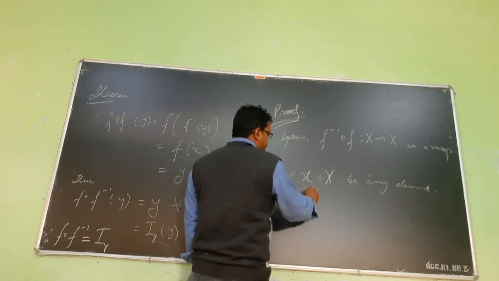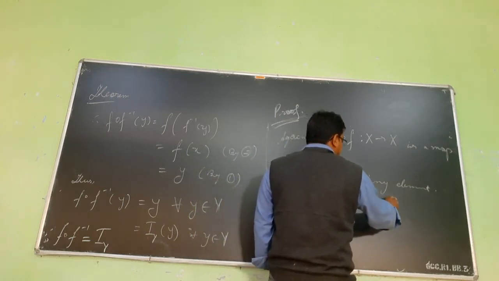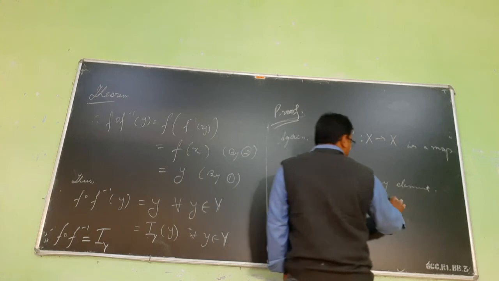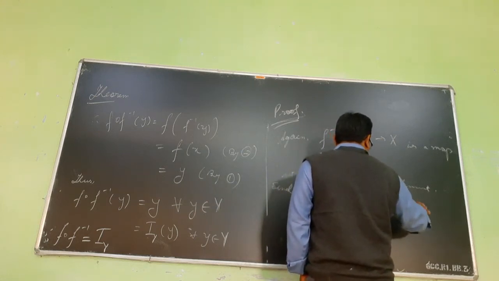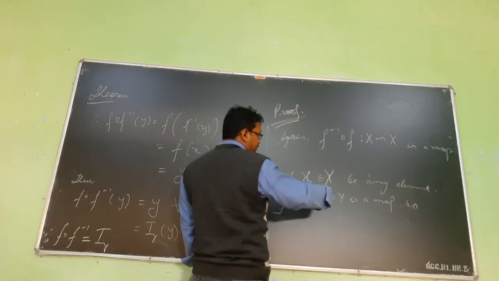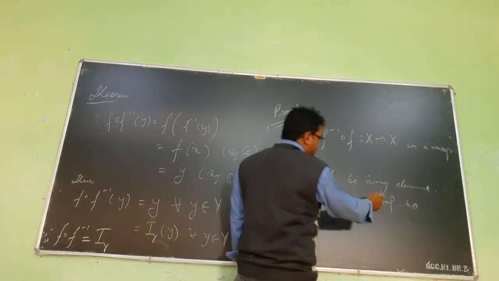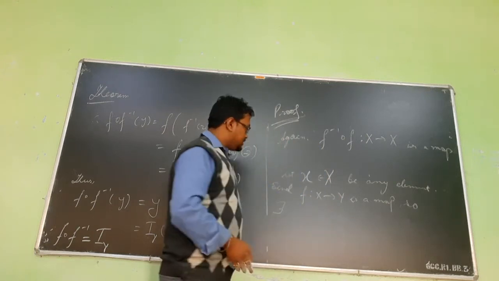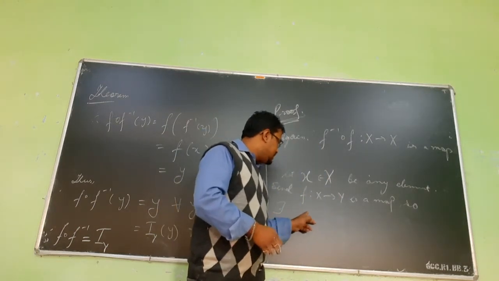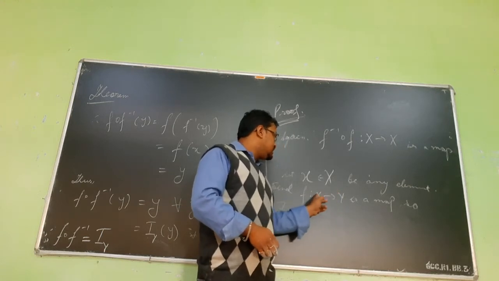Since f from x to y is a map, there exists a y. So this is a function. Here I do not need bijection; I need only the existence of an element y, that is, the existence of the image.